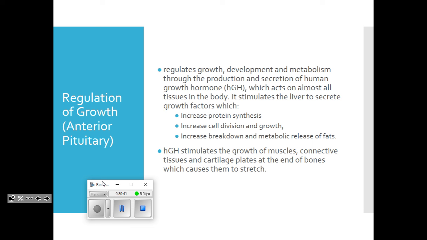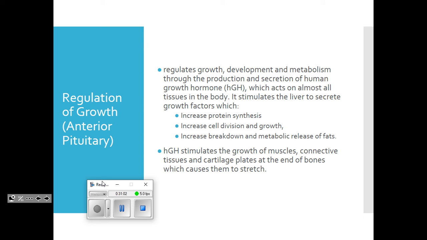HGH, unlike a lot of the other hormones we'll talk about, acts on basically all the tissues of your body. So what's its target tissue? Kind of everything, okay? Now if I had to pick some particular parts, one of the structures that HGH stimulates in particular is the liver.